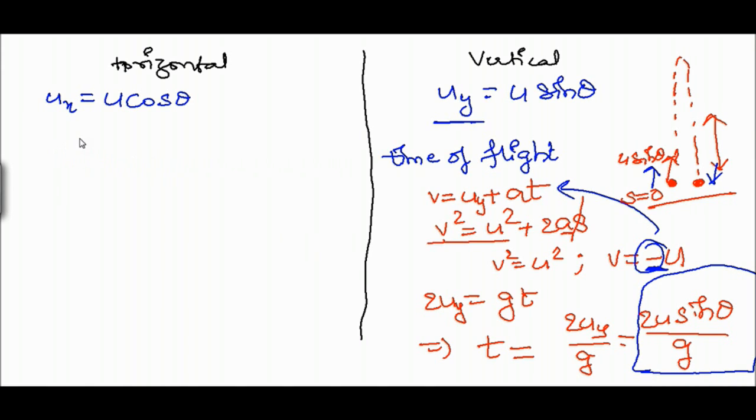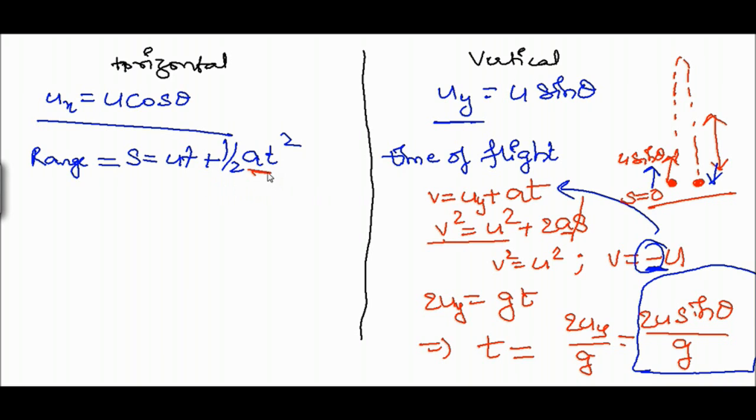Now let us see what exactly is happening on the horizontal side. On the horizontal side, if we want to calculate the range, it is equal to s in the third equation of the laws of motion, s = ut + ½at². We already know that acceleration on the horizontal side is 0. Thus, s = ut, where u is the x component of u.